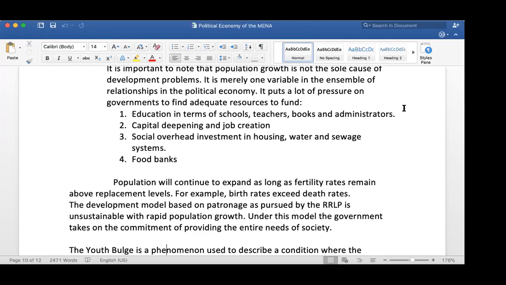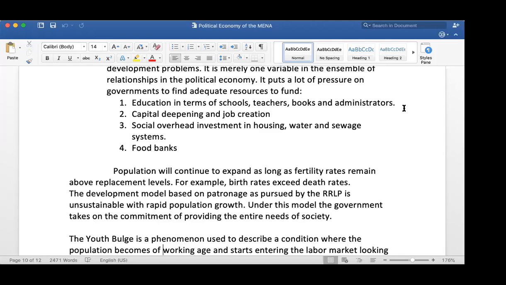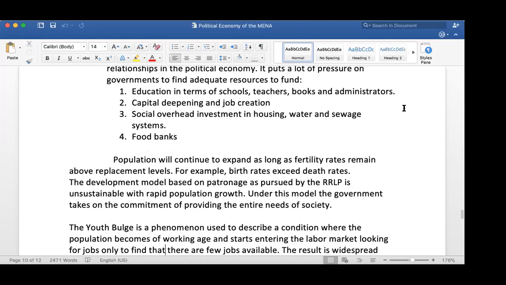And when those data are not available, this really makes the job of a policymaker extremely hard.